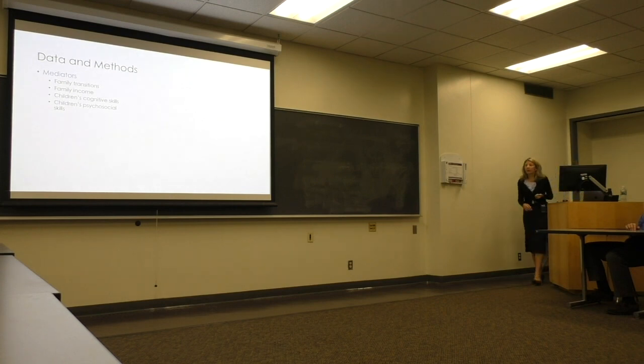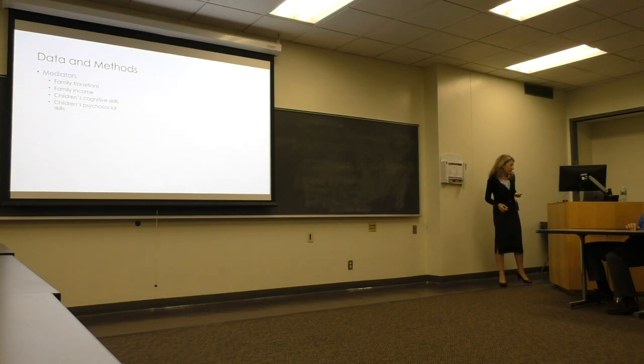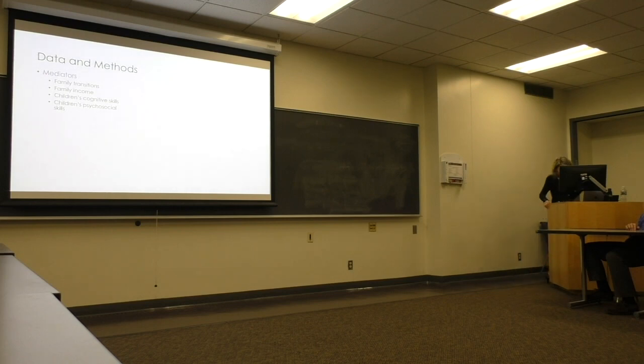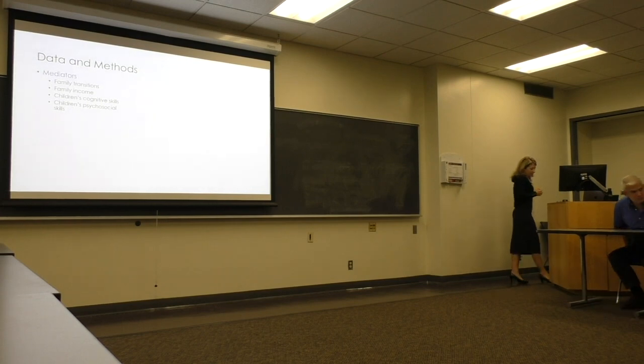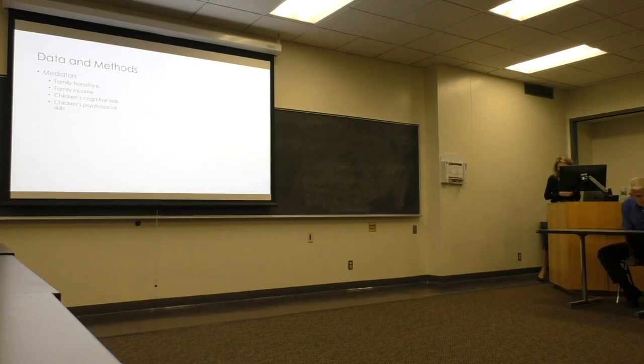Psychosocial skills is a scale that was constructed with 5 indicators: Pearlin mastery scale, Rosenberg self-esteem scale, the 10-item personality inventory emotional stability component, behavioral problems index, and CES-D, the depressive symptoms.